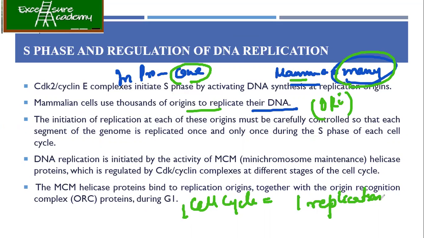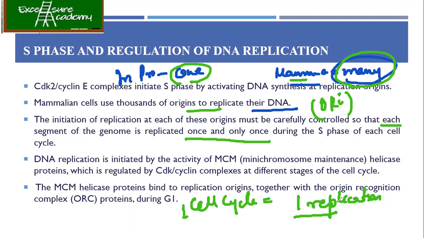It's highly regulated. So each origin of replication will start the replication only once per cell cycle. The initiation of replication at each of these origins must be carefully controlled so that each segment of the genome is replicated once and only once during the S phase of each cell cycle.